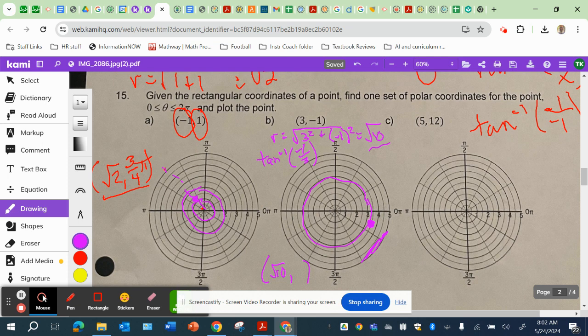But I don't know how detailed that has to be, but you're following that same process. Do the same one here. The radius is the square root of 5 squared plus 12 squared, which is 13. I don't know how you're going to plot that, but somewhere way outside.